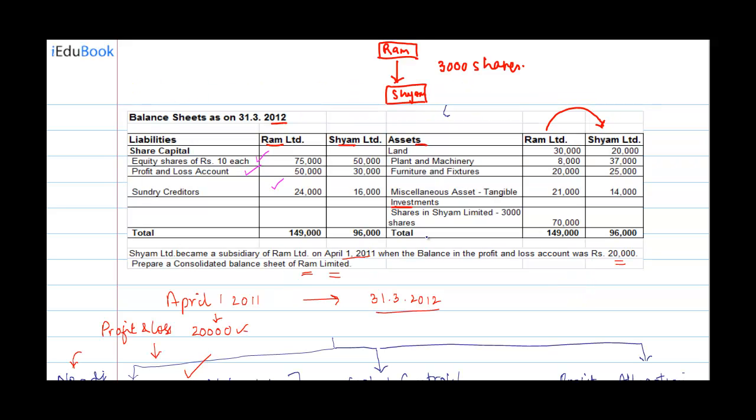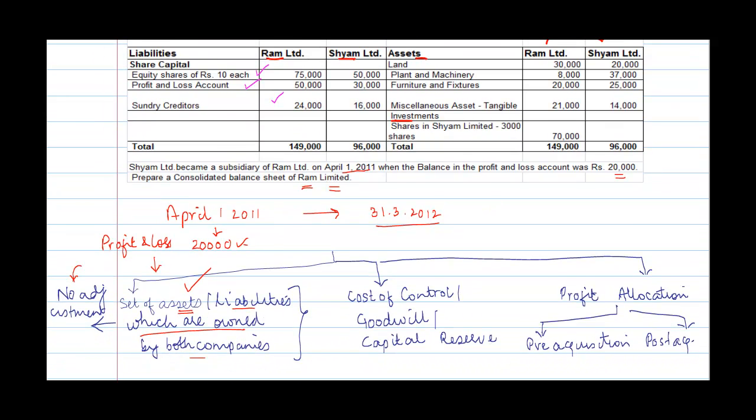Let's go back. The first thing which is relevant is assets and liabilities which are owned by both the companies but no adjustment required. Let's say there is land owned by both the companies. Ram Limited owns it for 30,000, Sham Limited owns it for 20,000.